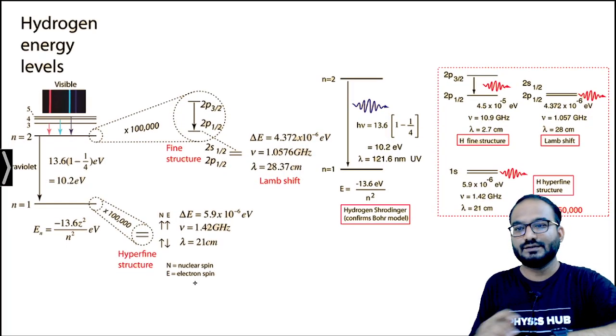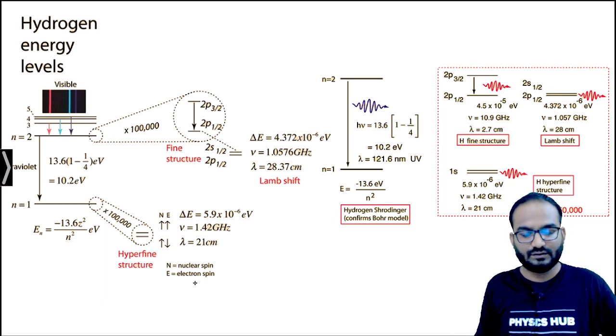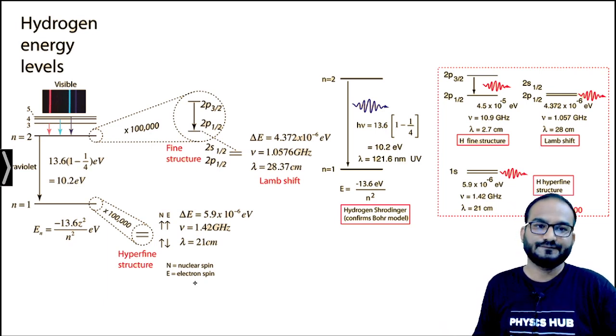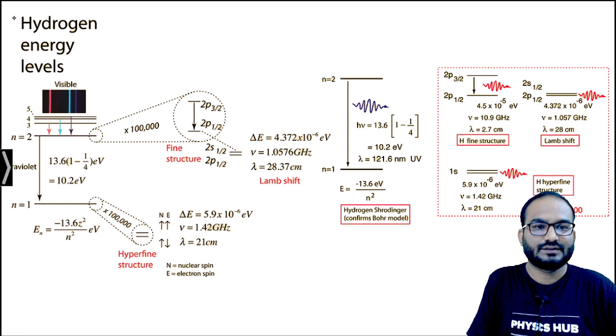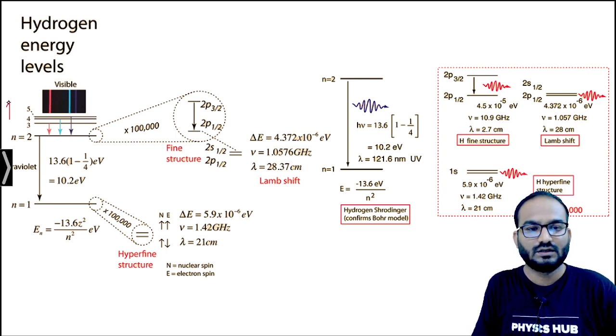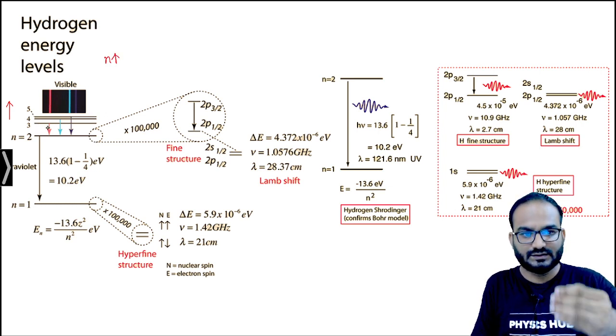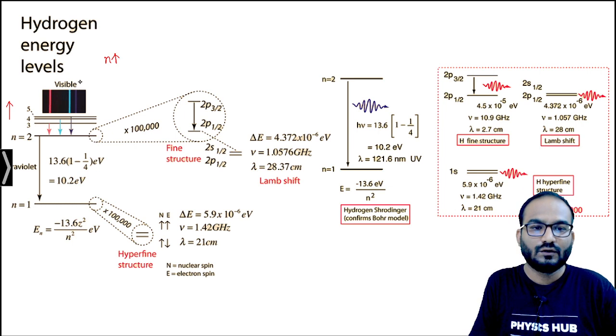In this picture you can see a very good presentation of hydrogen energy levels. You can see n equals 1, n equals 2, n equals 3. As you go to higher n values, the energy levels become closely spaced. We can only see the visible part of the spectrum.